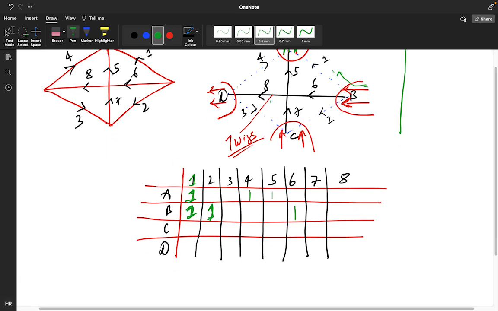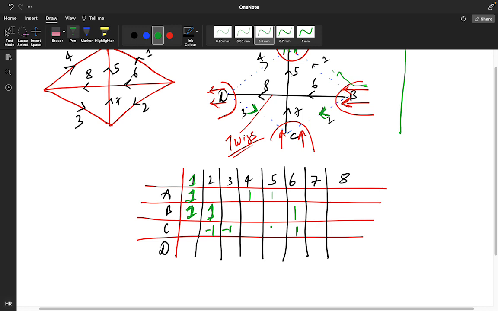C. Only 7 will be 1. The other two will be negative. Which two will be negative? 3 and 2. Right, correct.